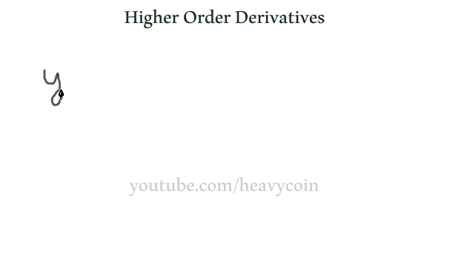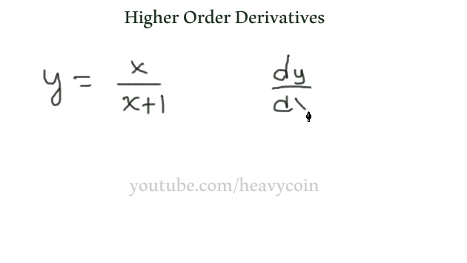We've got y is equal to x over x plus 1. Now I'm going to do some different notation. Well, dy over dx, you should have seen that by now. In some of my other problems I used different notation for the first derivative.